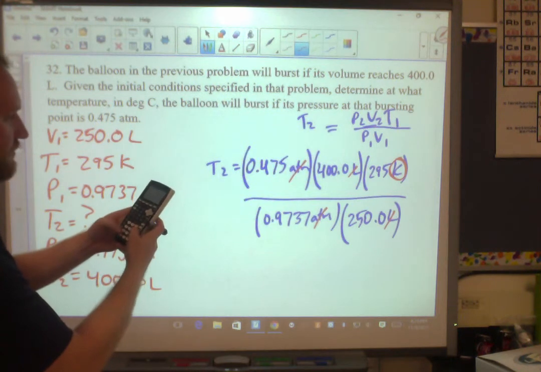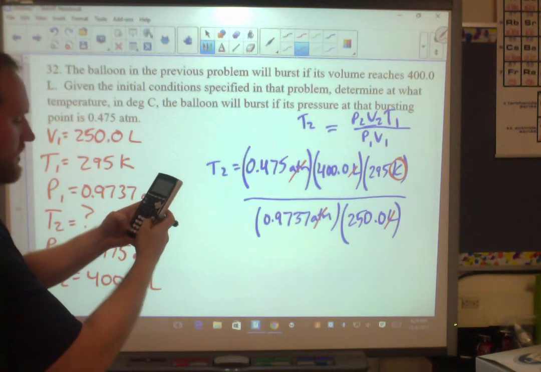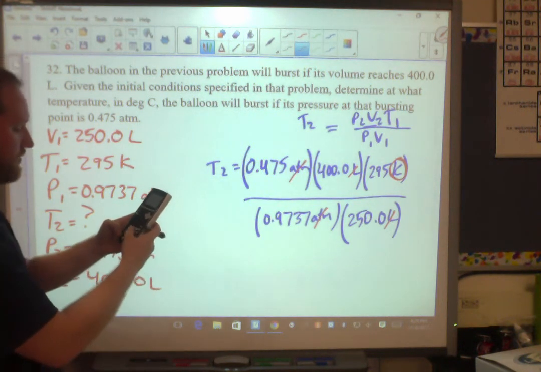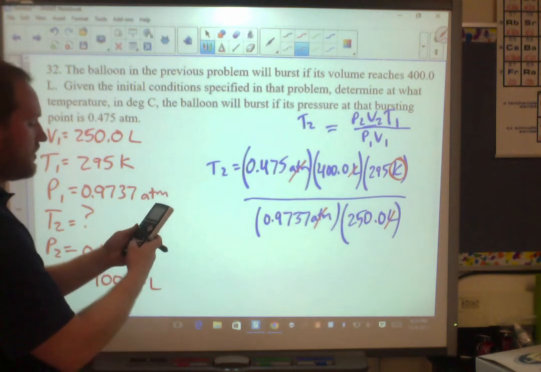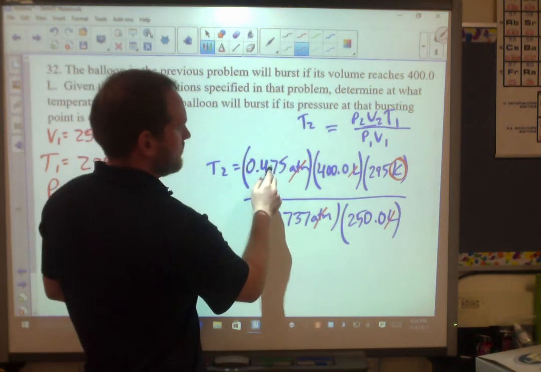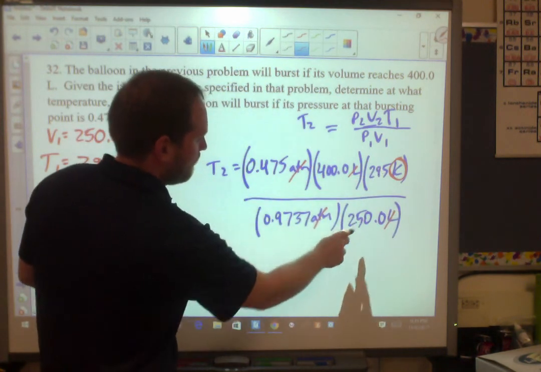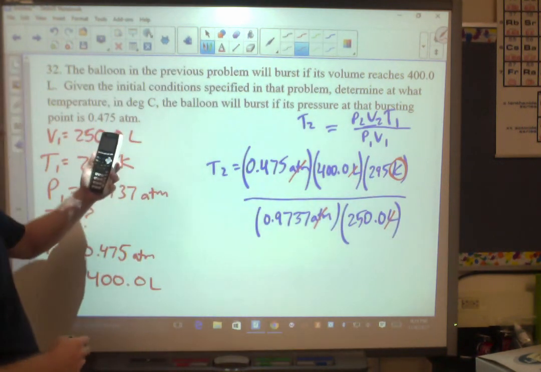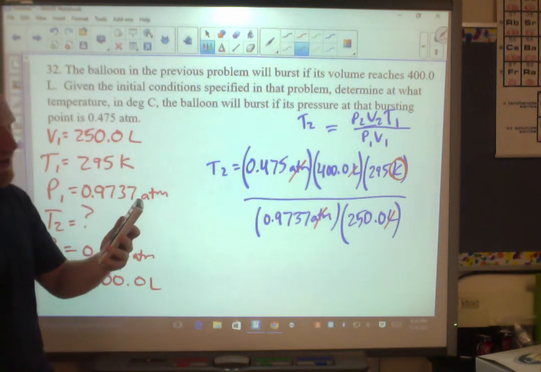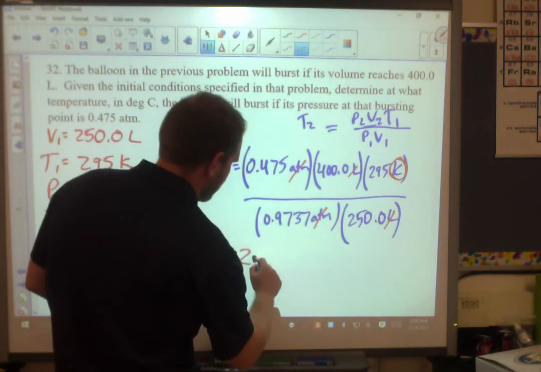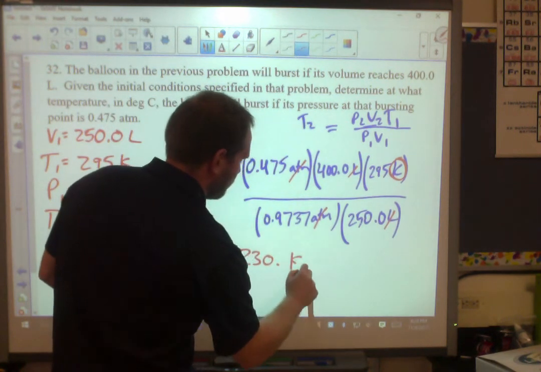0.475 times 400 times 295 divided by 0.9737 divided by 250. Check our sig figs: 3, 4, 3, 4, 4. 3 sig figs. Let's see what we get. My calculator says 230.255. I'm going to go with 230 Kelvin.